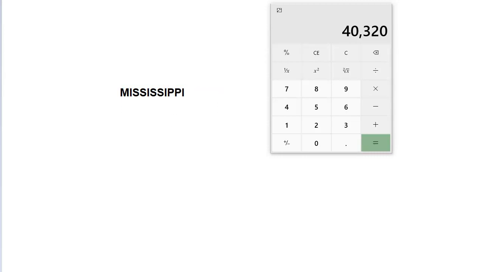So if you were to try and figure out how many different ways you could rearrange the letters in the word Mississippi, there are 11 letters total. Now, instead of going 11, 10, 9, 8, 7, 6, instead of writing it all out, I'm just going to do 11 factorial because we need to save the time. This problem is enough of a mess as it is.